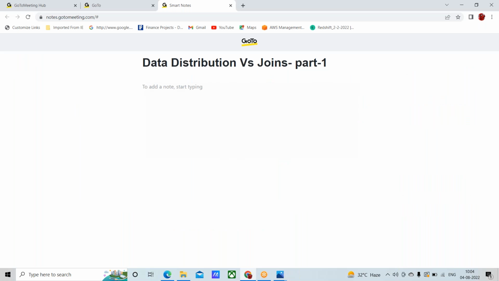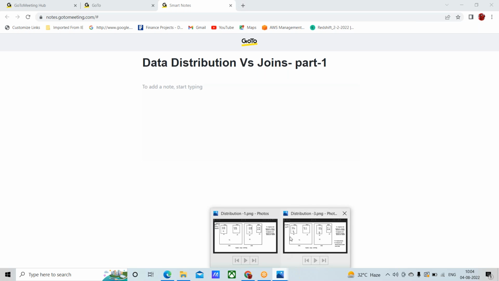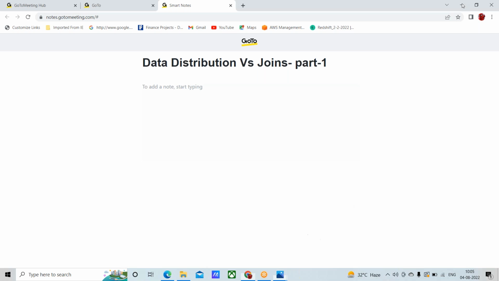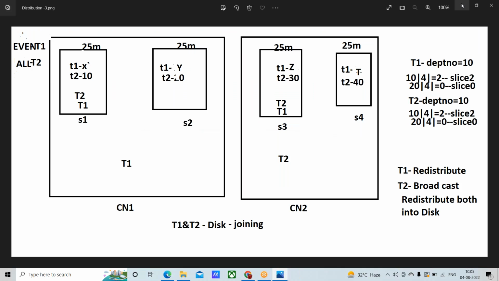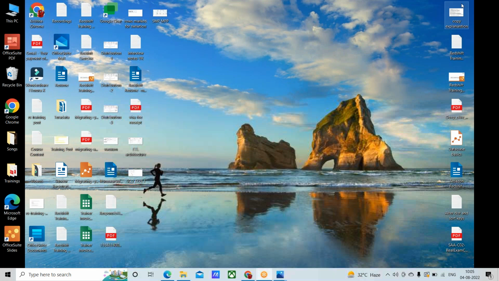Even if the other table is EVEN, ALL is helping because the entire copy is present. So whatever record is in that slice, it will join there. No problem.